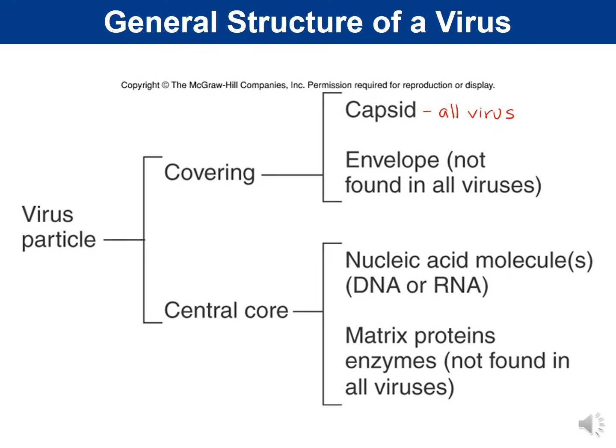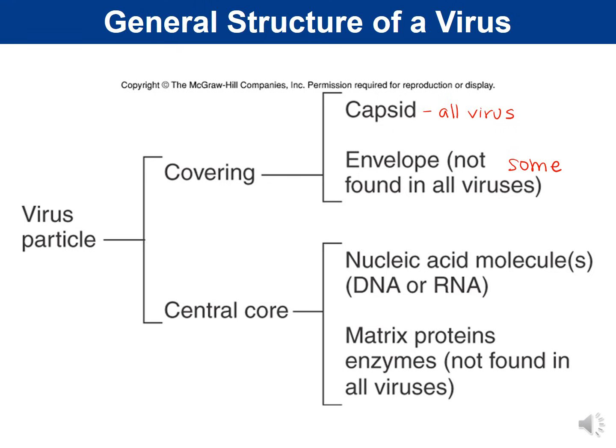Some viruses have what's called an envelope, which is a membrane structure, but this is not found in all viruses. Others that lack the envelope are called naked viruses. So the envelope is only found in some.